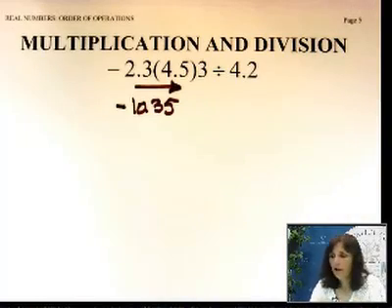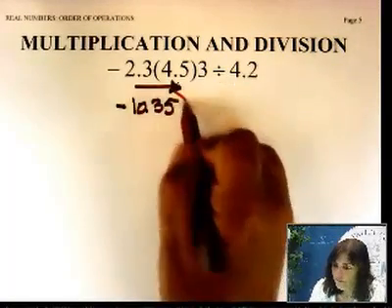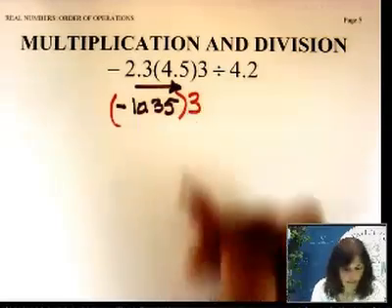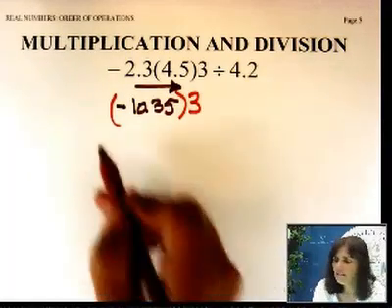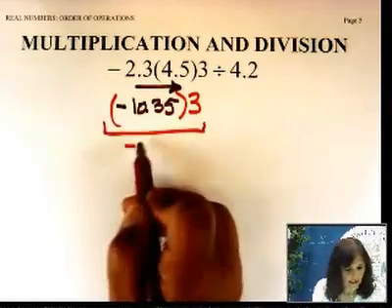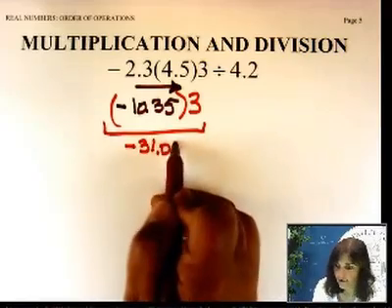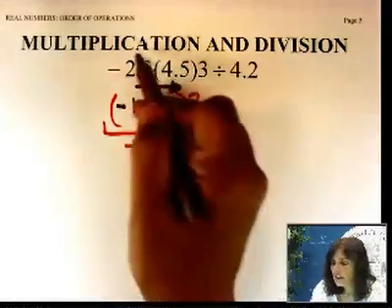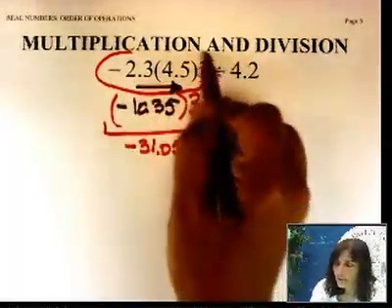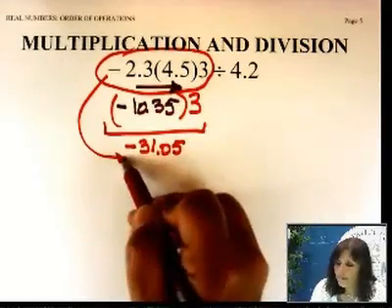Now I'm going to multiply this by 3, and that's going to give me negative 31.05. So this whole thing turned out to be this number.